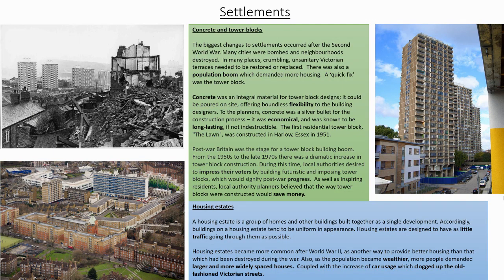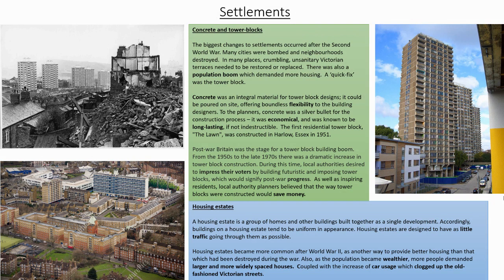Okay, your first area is going to be settlements. Settlements changed a lot in the 20th century because of the types of construction materials that we had, but also because of the pressures that were put on housing.